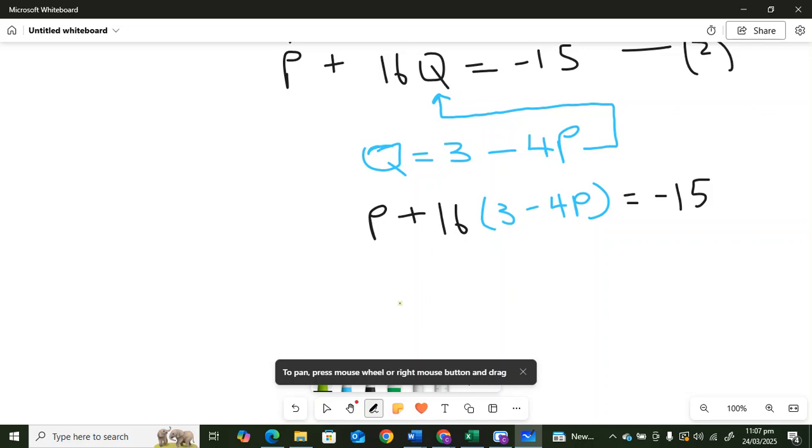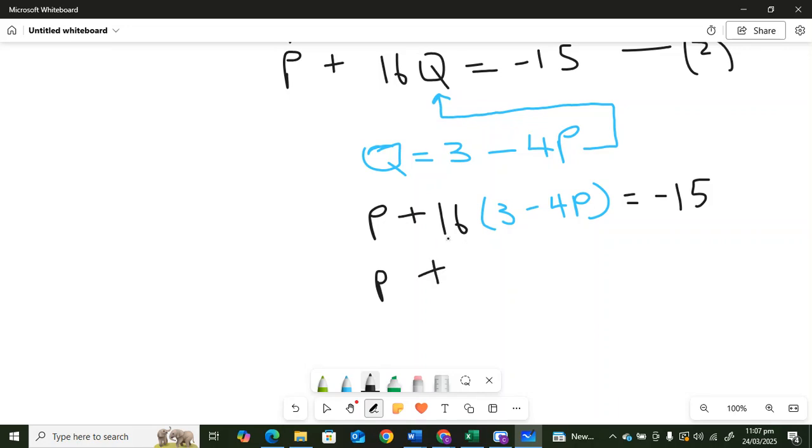So we solve. 16 times 3, 48. 16 times negative 4p, what do we get? P equals negative 15.